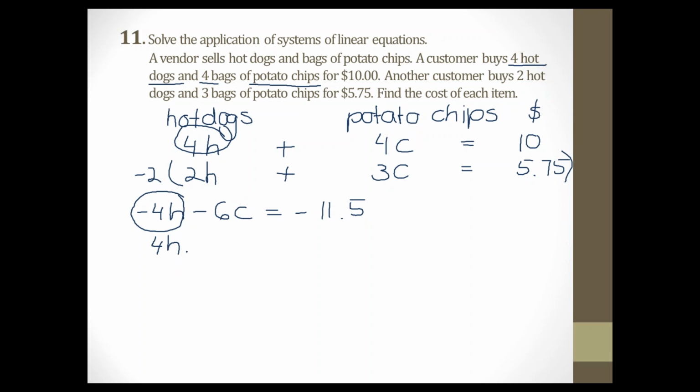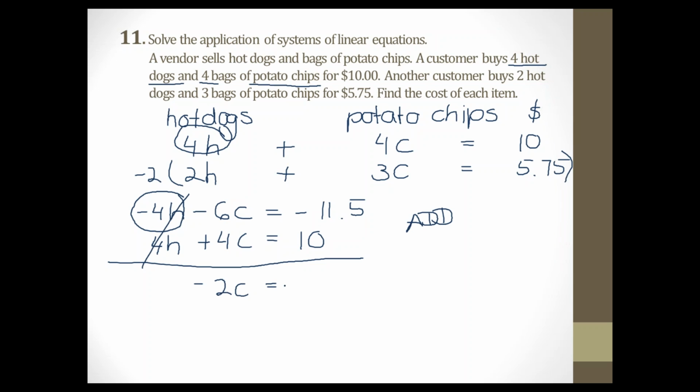So I'm just going to write my first equation here underneath, equals 10, and then I could just add down, and that would eliminate my H, and I'm left with -2C is equal to -1.5.